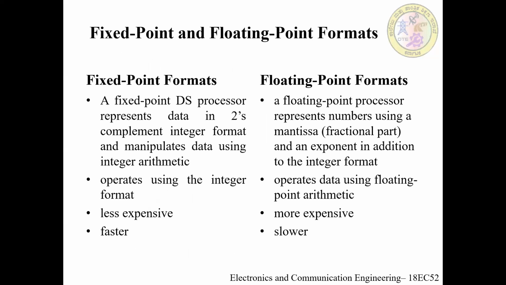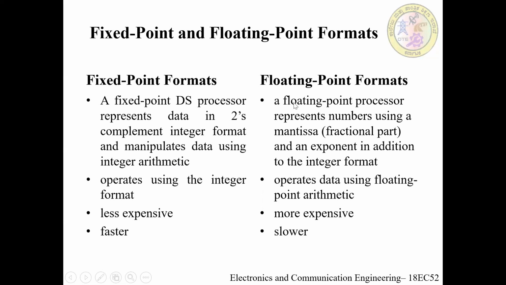Whether a digital signal processor uses a fixed point format or a floating point method depends on how this processor's central processing unit performs arithmetic. A fixed point digital signal processor represents data in 2's complement integer format, and manipulates data using integer arithmetic.